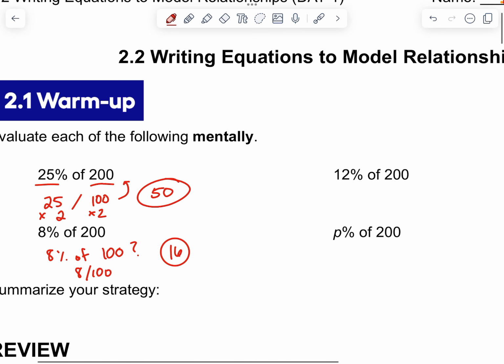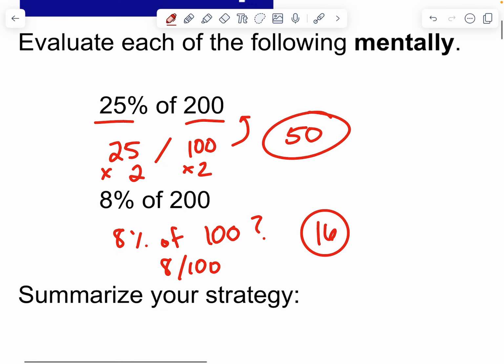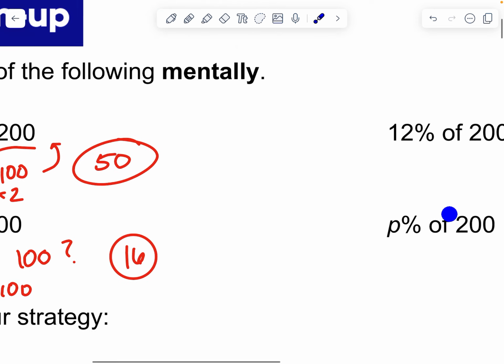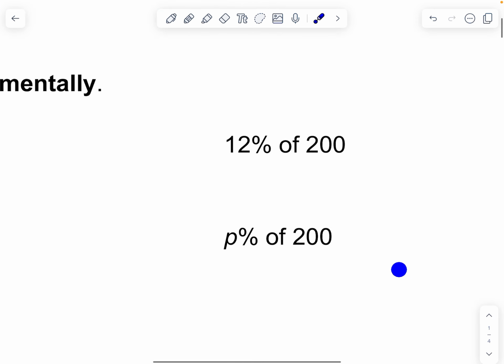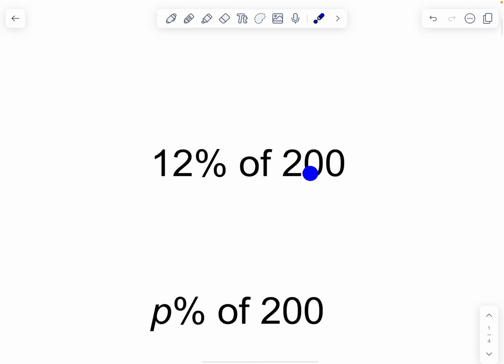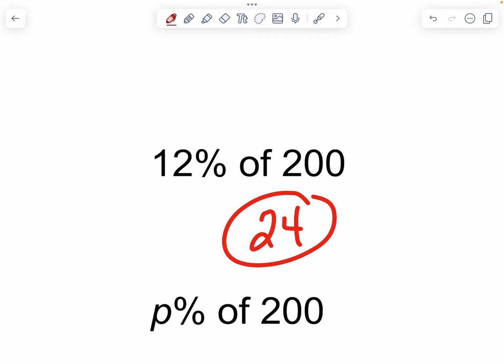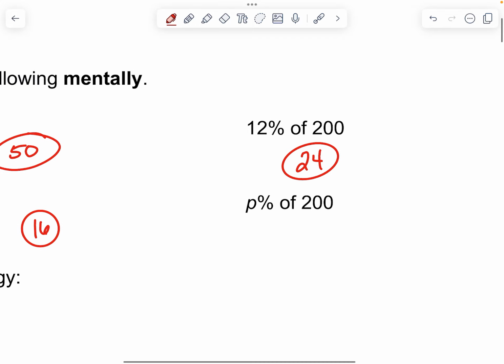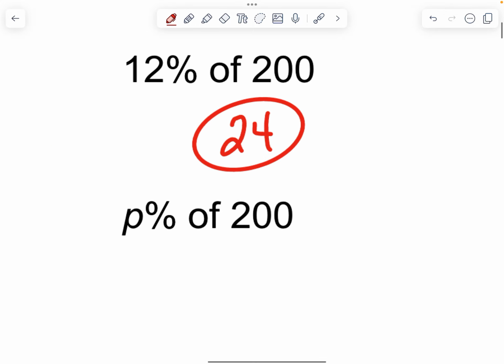So once you start getting the hang of this, feel free to apply this in the store when you try to figure out how much is off of a $200 bill, right? If you're doing beginning of the year clothes shopping or something like that, you could maybe help out your parents with this. But 12% of 200, so we know that out of 100, it would be 12. Multiply that by 2, and that's going to give you a total of 24. Again, you could do this differently. This is just one way of doing this.